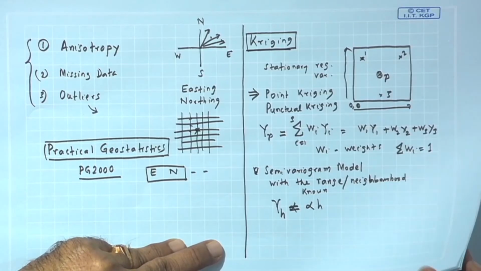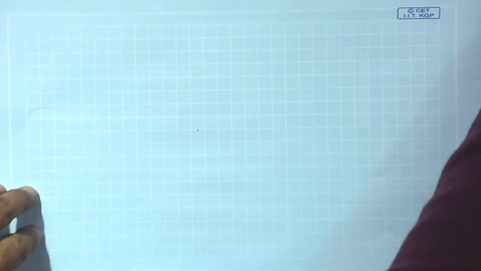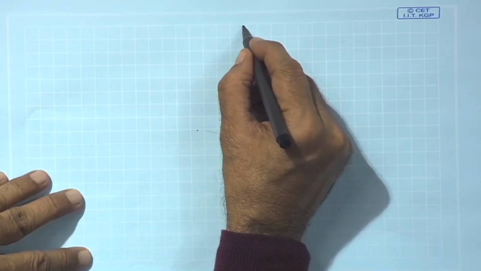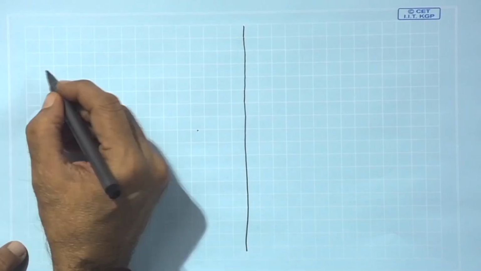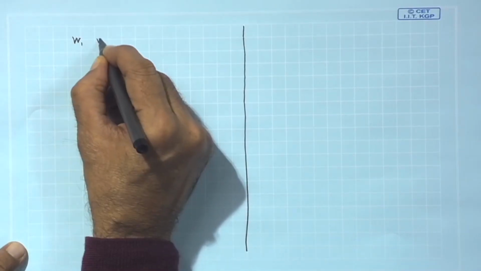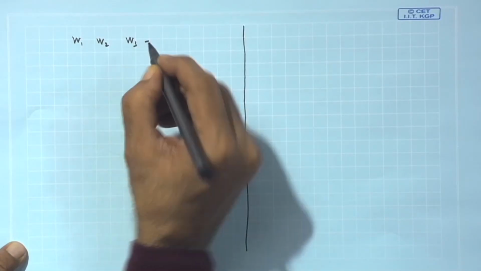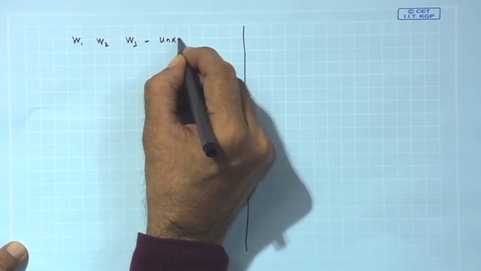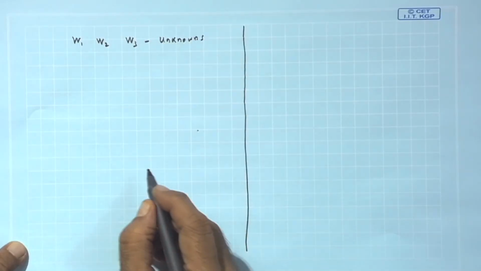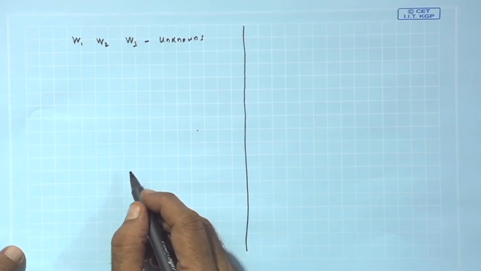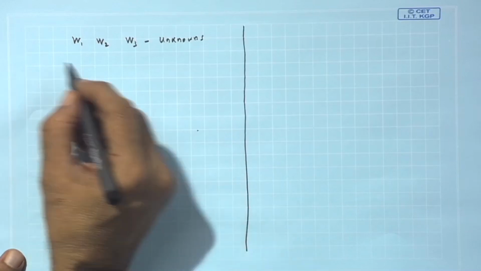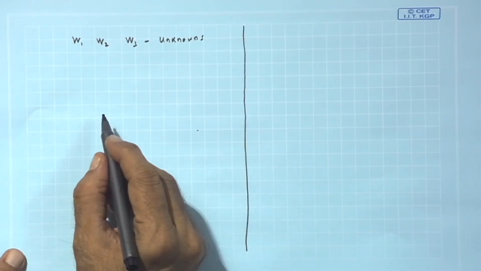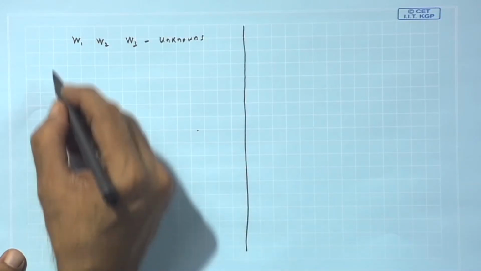So W1, W2, W3 are the unknowns which we have to solve. If we have to solve, then we have to have 3 equations. So let's try to formulate it. When we formulate these 3 equations, we take help of the semivariance.